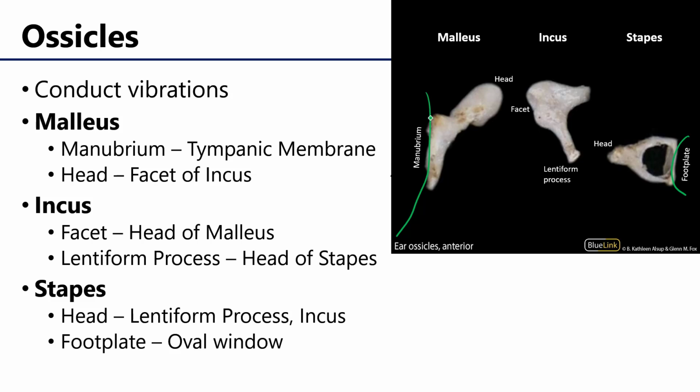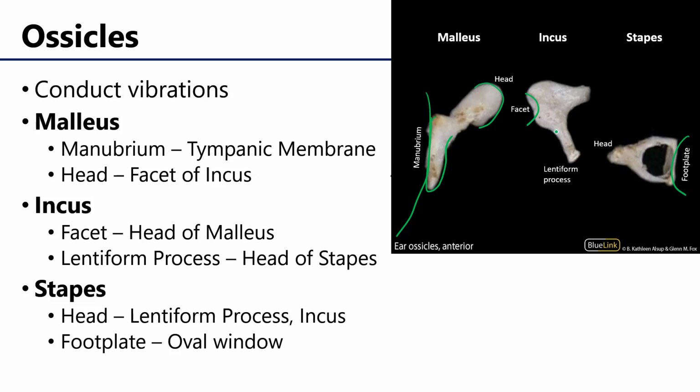The malleus has various parts to it. The manubrium of the malleus, which we can see here, that's the handle of the hammer, lies upon the tympanic membrane. So as the tympanic membrane vibrates, so does the manubrium. The head of the malleus is going to articulate with a facet joint of the incus.